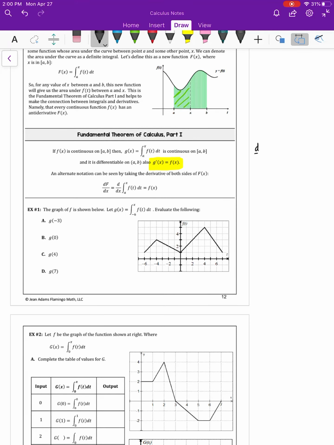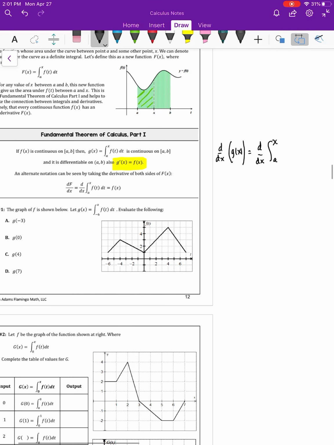So if I take d dx of g of x and d dx of the integral from a to x f of t dt, this is going to be g prime of x on this side, and the derivative and the integral are inverse operations.